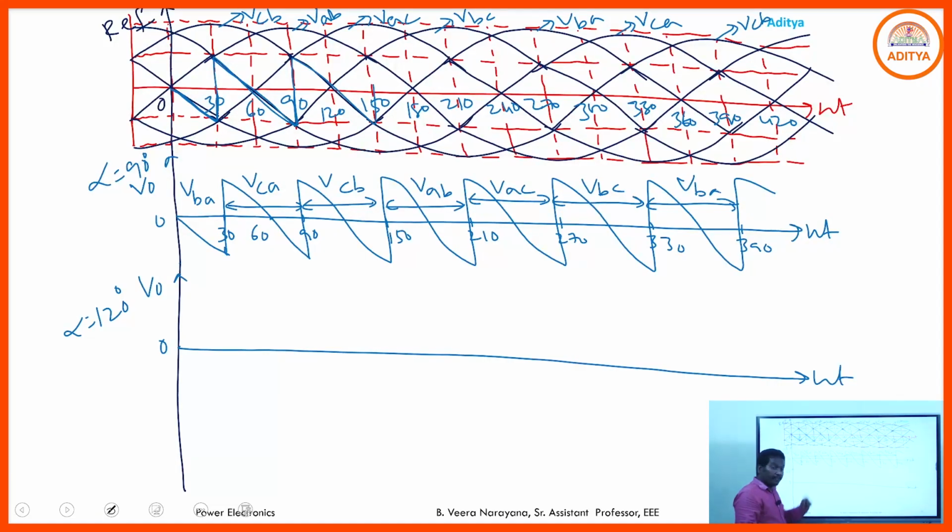What you observe here, if you go through the R load, there are no negative portions. Why? Because during this negative source voltage, the thyristors go to the off state. But if you go through the VAB here, from 150 to 180, VAB means T1, T6 are in the on state. During that, some energy must be transmitted from source to the load.